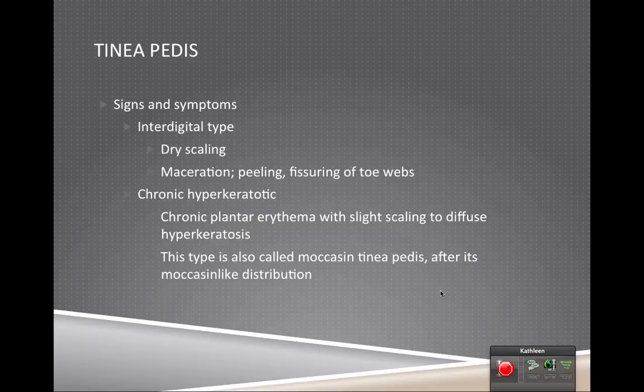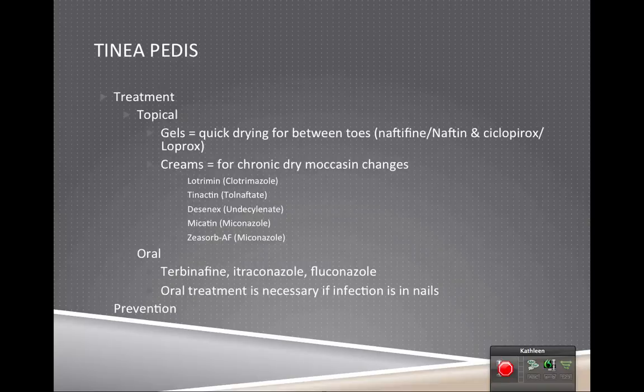For tinea pedis, you can use gels, quick drying between toes, or creams for chronic dry moccasin changes. You can use Lotrimin, tolnaftate, Desenex, miconazole.